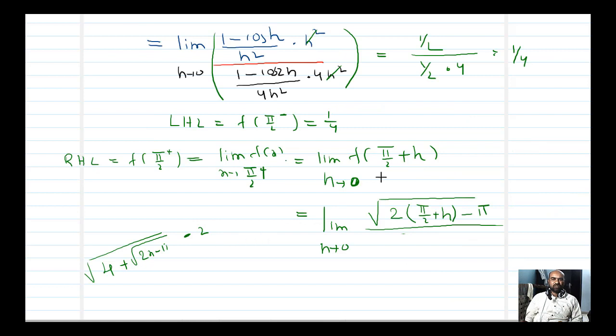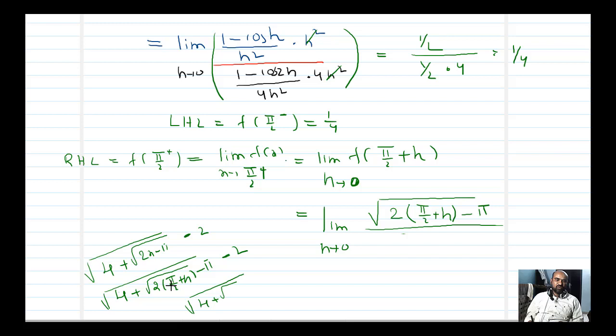Okay, now simplify. 4 plus root over 2 into pi by 2 plus h minus pi, outside, minus 2. So what will I get, students? I will write 4 plus root over, so pi gets cancelled, I get 2h here, outside minus 2.